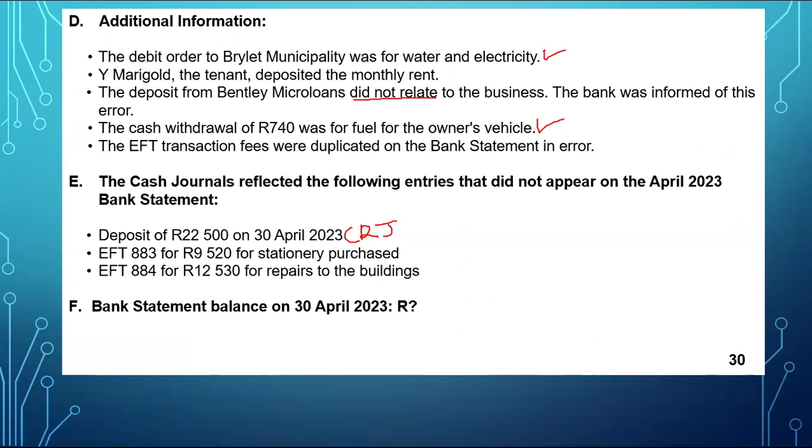So we are going to record it on the credit side of the bank statement on behalf of the bank. And remember, our bank statement as the business will be the bank reconciliation statement. That is the statement where we record the mistakes that were made by the bank.